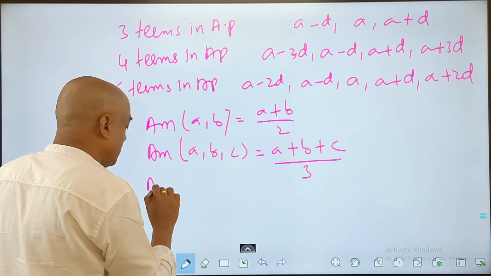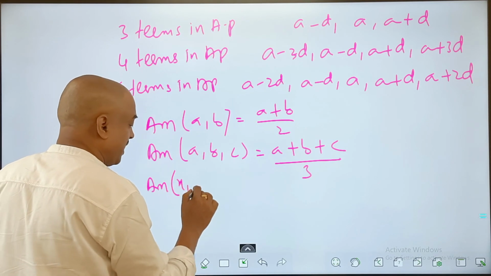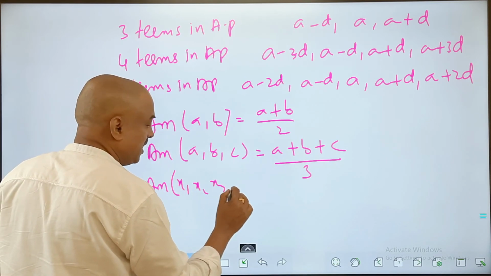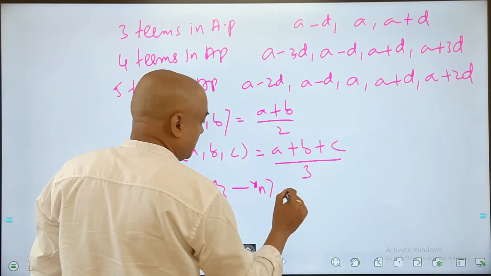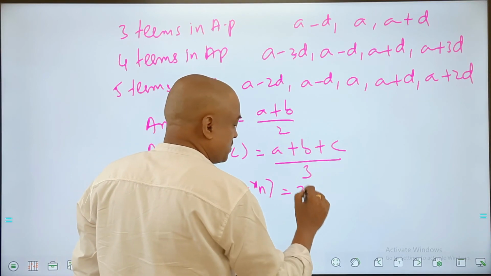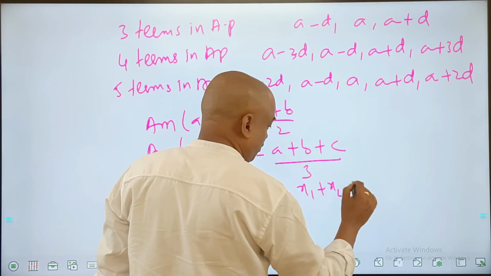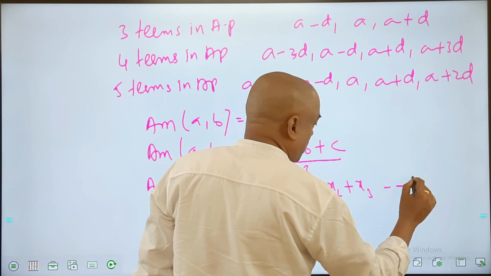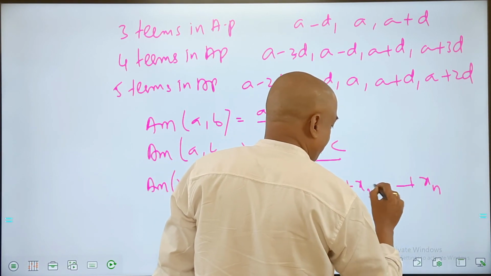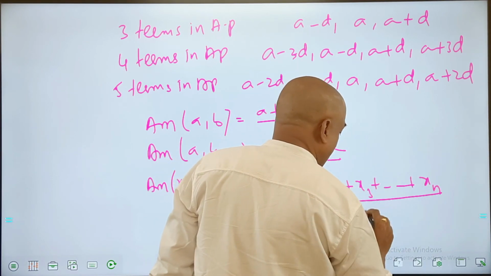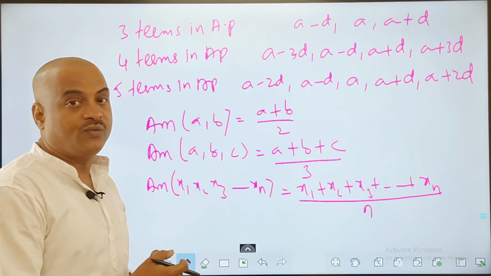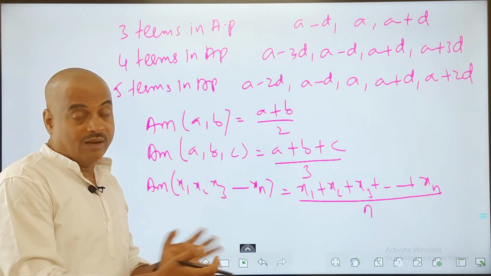And similarly, if I have to find the arithmetic mean of x1, x2, x3, so on up to xn, then it should be (x1 plus x2 plus x3, so on up to xn) upon n terms we have. This is the formula to find the arithmetic mean of n number of terms.